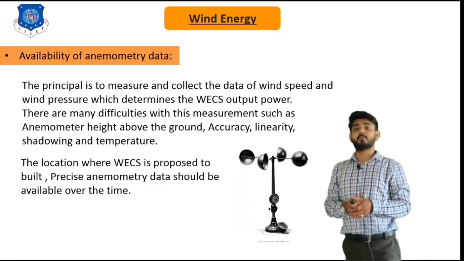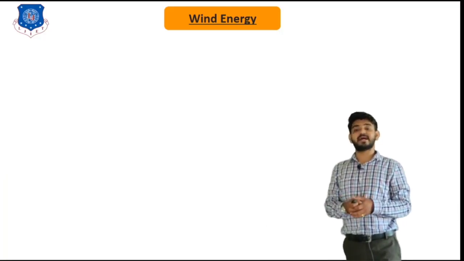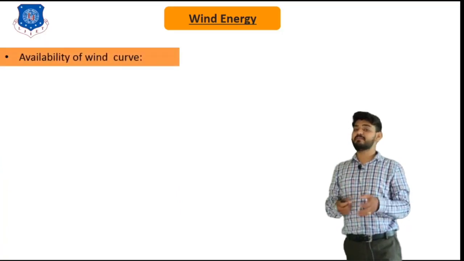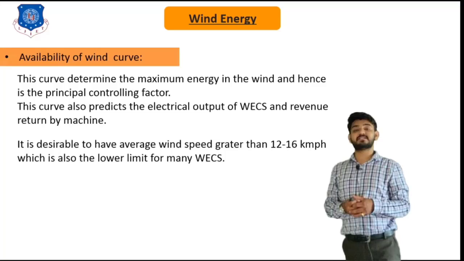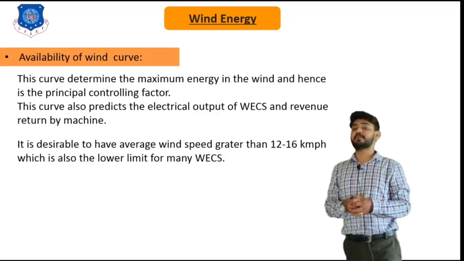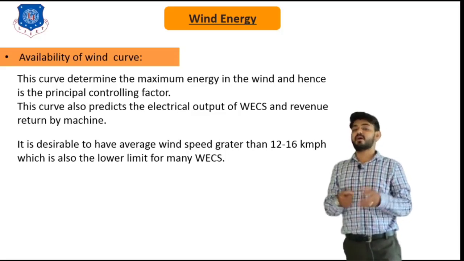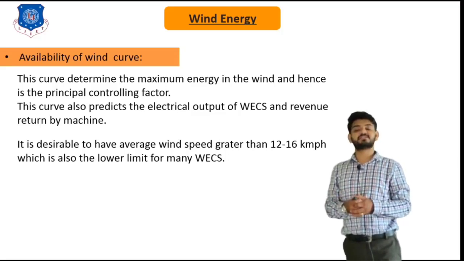Now let's move to the next criteria, and that is availability of wind curve. The wind curve determines the maximum power of wind. Hence, it is a principal controlling factor for the success of a wind energy conversion system.